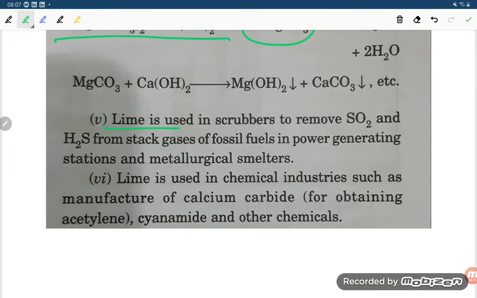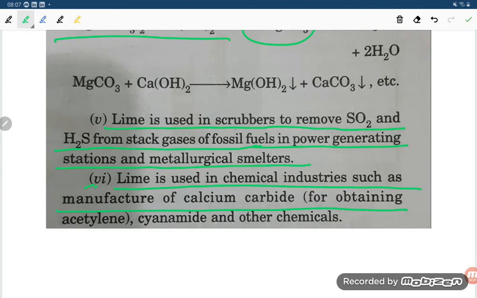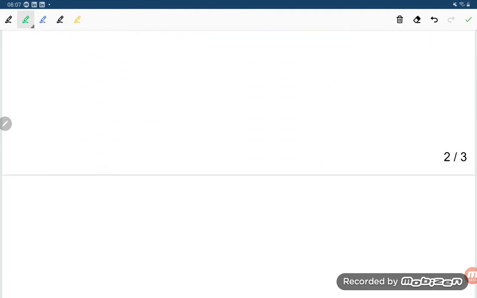Now, lime is used in scrubbers to remove SO2 and H2S from the flue gases of fossil fuel in power generation stations and metallurgical smelters. Next, lime is used in chemical industries, such as the manufacture of calcium carbide for obtaining acetylene, cyanamide and other chemicals.